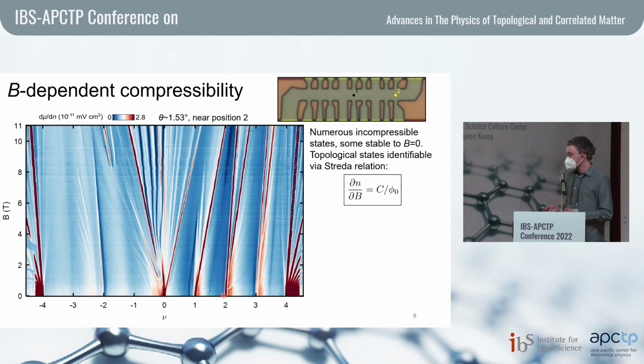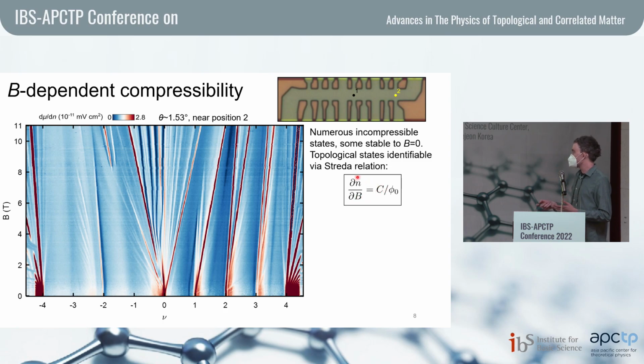Now, what's interesting is that the slope I mentioned encodes the intrinsic topology of that particular ground state. There's something called the Streda relation, an old formula, according to which the density at which a particular incompressible state occurs should change linearly with the Chern number as one increases the magnetic field.